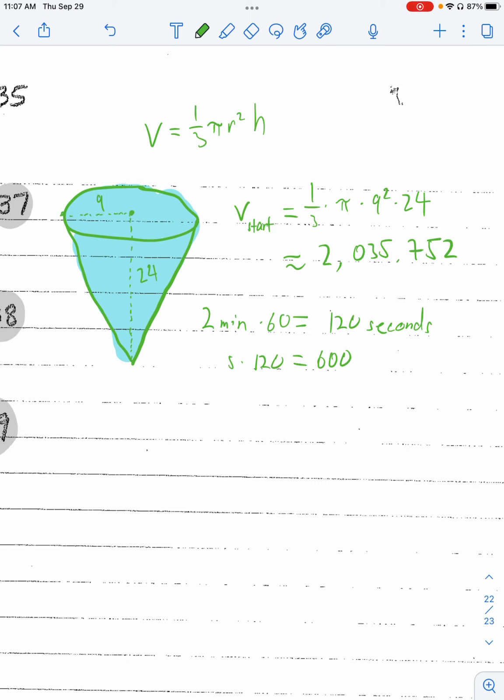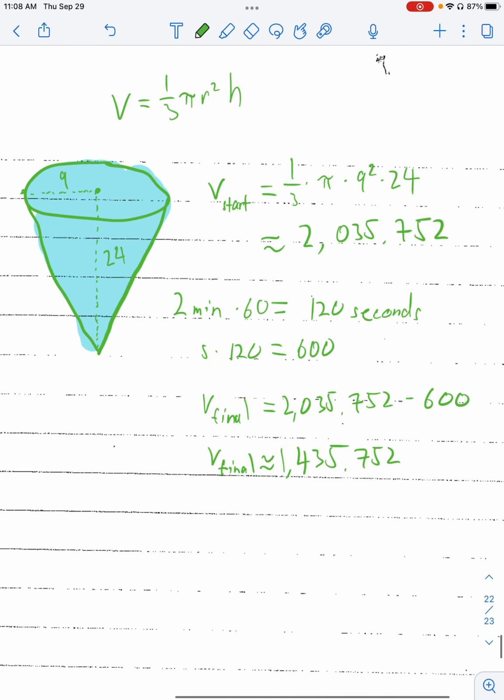So my final volume of water is going to be my V start, my starting volume of water, minus 600. My V final is going to be about 1,435.752 cubic inches.